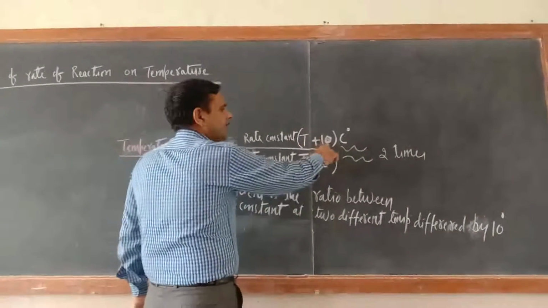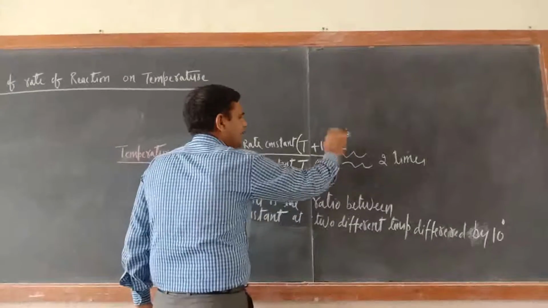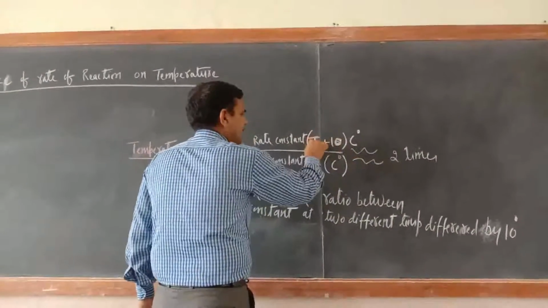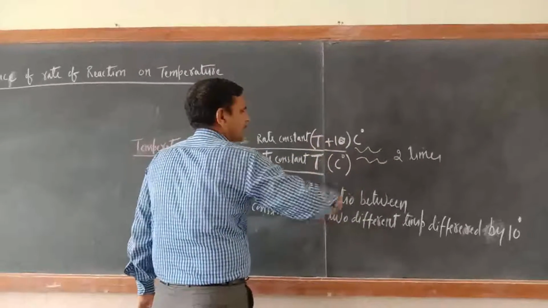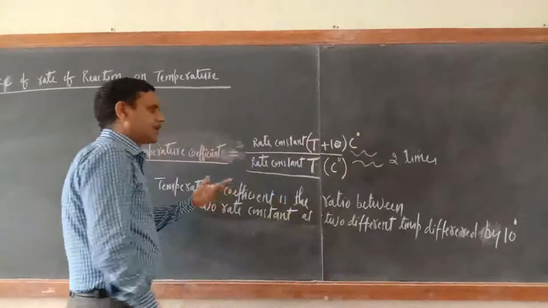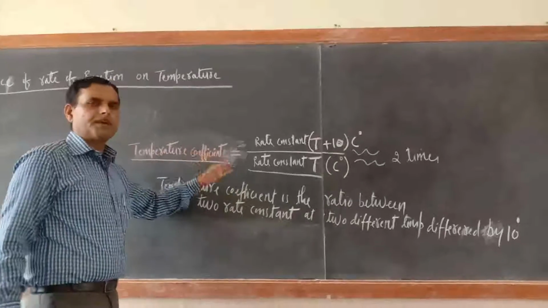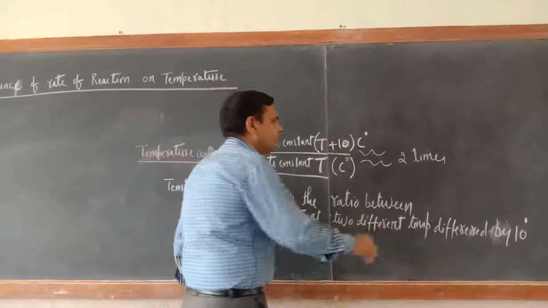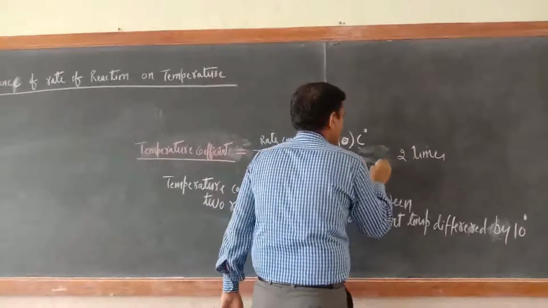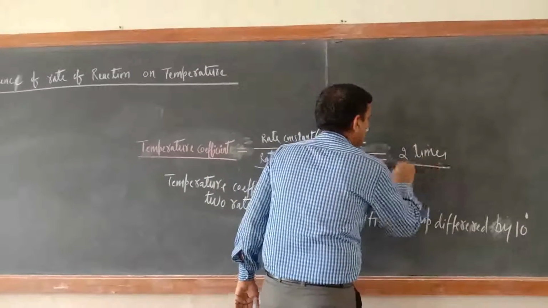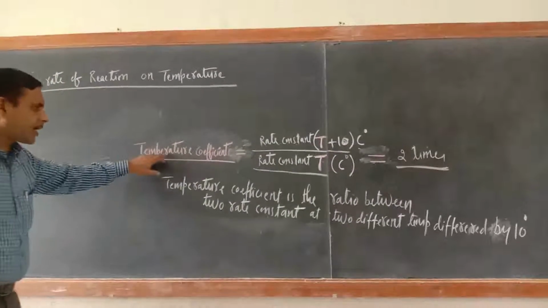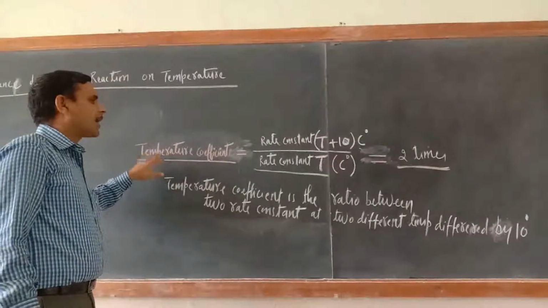Now temperature you can take in absolute scale or degree Celsius scale. Capital T is absolute temperature, and degree Celsius also you can take. So with the increase of 10 degree temperature, the rate of reaction almost becomes two times. Here you can write temperature coefficient or rate of reaction.